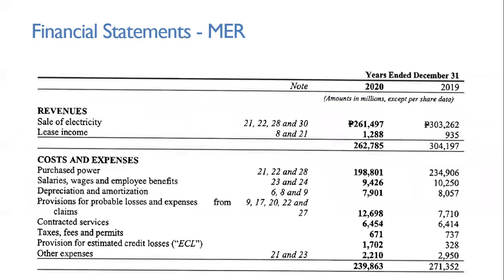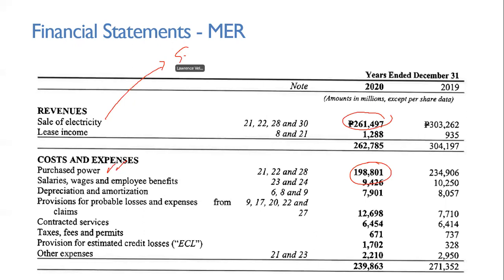If you look at the income statement of the company, nothing different, no? But if there's something that you will notice, there's a portion here called purchase power. Okay? And that purchase power is lower than the sale of electricity. Okay? Ano yung sale?